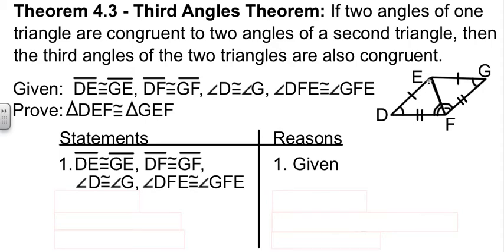So we're told that DE matches GE, DF matches GF, angle D matches angle G, and then angle DFE is equal to angle GFE. We're given all of that. And our job is to prove that means we have two congruent triangles. Okay? We can do that.